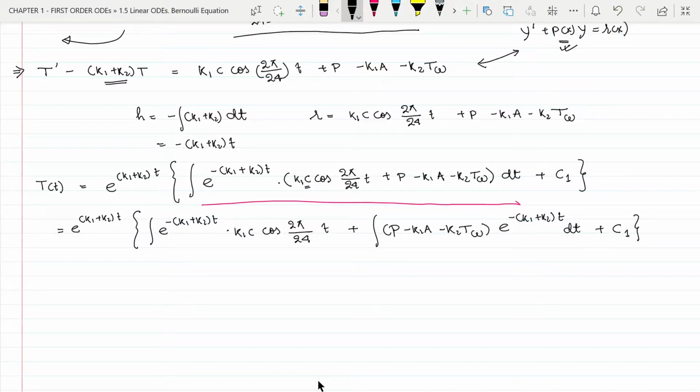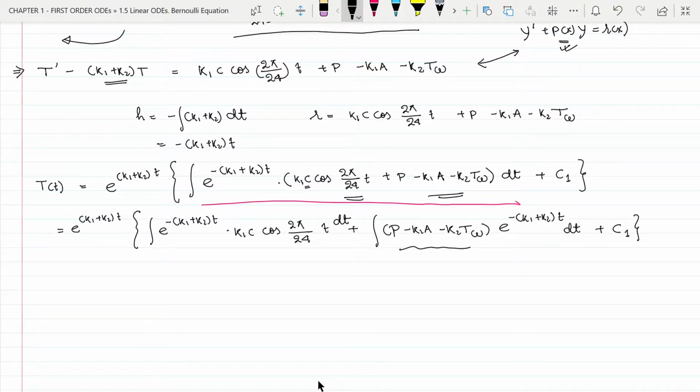Now we have separated this cos term and the rest of the terms because these three terms are constant terms. So we have taken them separately. These terms can be taken out of the integration, and this e to the power minus K1 plus K2 t term can be integrated easily. Here there will be a dt.